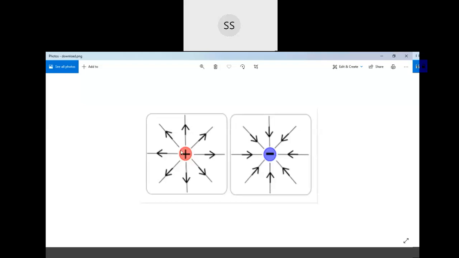So this is the electric field area due to a positive charge and due to a negative charge. Since the electric field has both direction as well as magnitude, the electric field is a vector quantity.